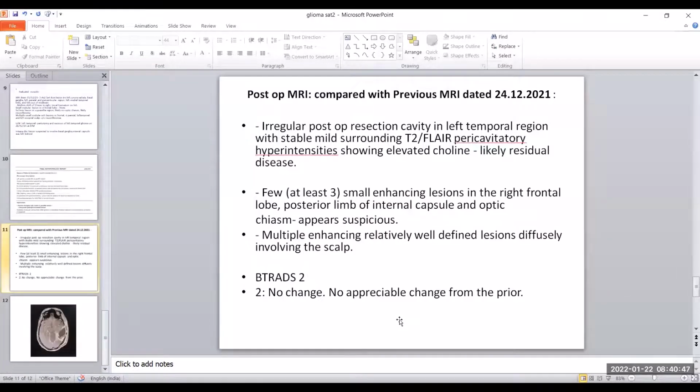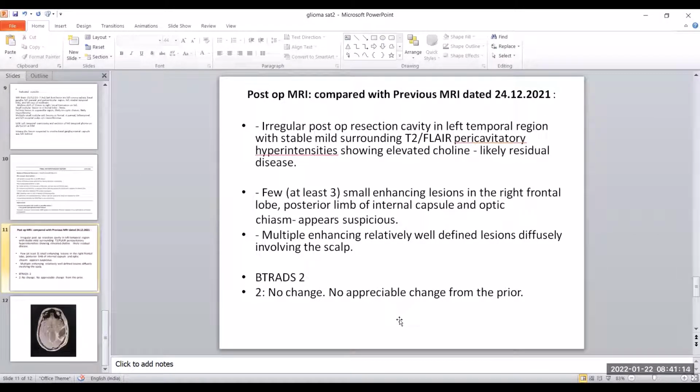Post-op MRI, compared with the pre-op MRI, shows an irregular post-op resection cavity in the left temporal region with stable surrounding pericavitary hyperintensities on T2 FLAIR, showing elevated choline, likely residual disease. There are 3 small enhancing lesions in the right frontal lobe, and the internal capsule and optic chiasma appear suspicious.